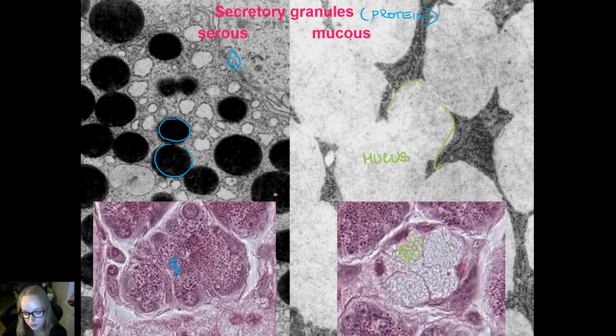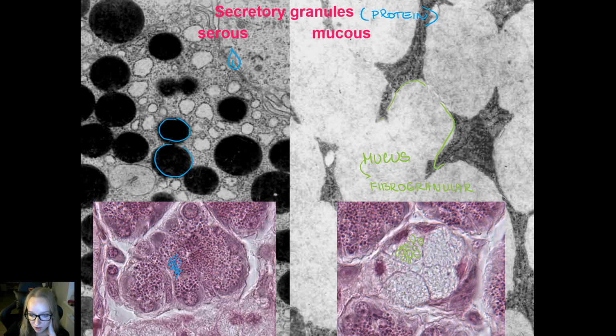We describe the material in these granules as fibrogranular material. So we describe granules in electron microscopy here. These mucous granules are fibrogranular. They have fibrogranular material on the inside.